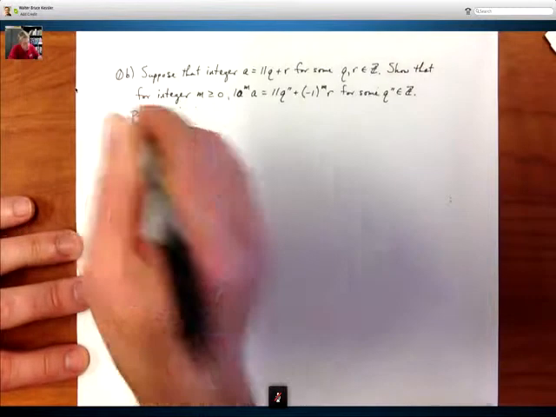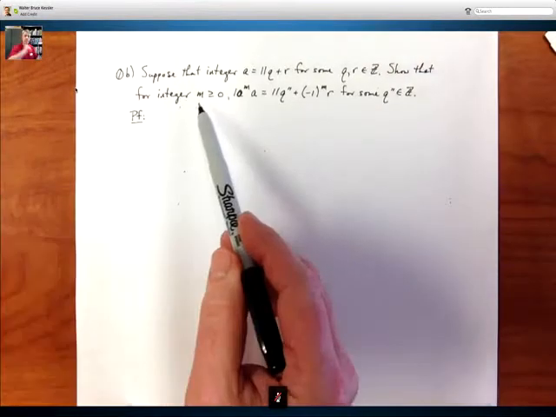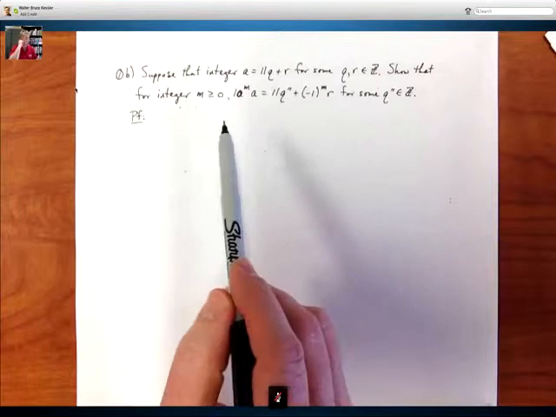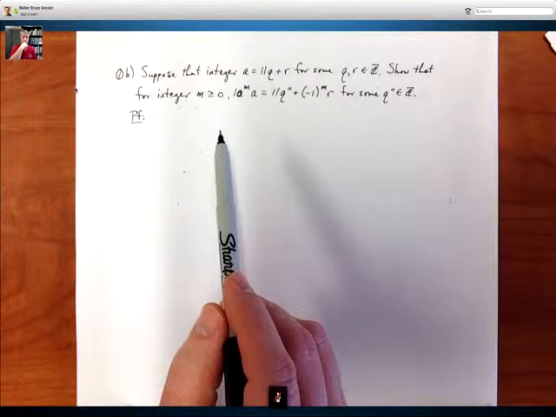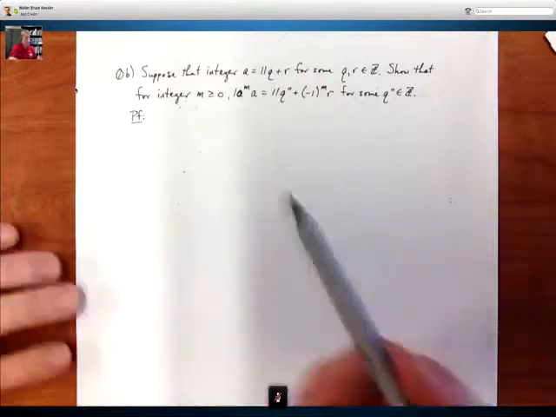Now we are looking at a statement that's going to be true for integer m 0 or greater. Since that is a countable set, it makes sense to me to perhaps use induction on this.